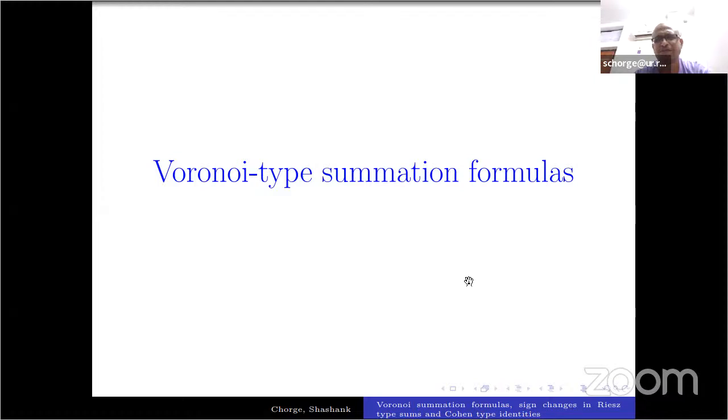But the further question is why we are interested in these types of summation formulas. For arithmetic functions, whether it's the divisor function, Mobius function, Liouville function or any other, there are generally formulas available with certain error terms. So why are we deriving a new summation formula, and what's special about it?